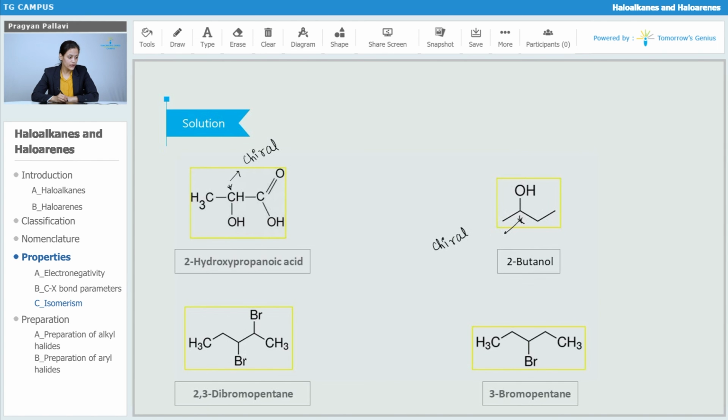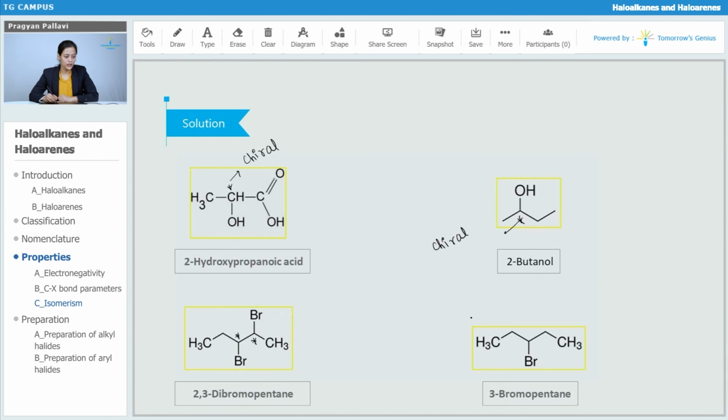Then option C, we have 2,3-dibromopentane, and if we look at the structure, we have two chiral centers here, this one and this one, where all the substituents are different. Again this is not our option.